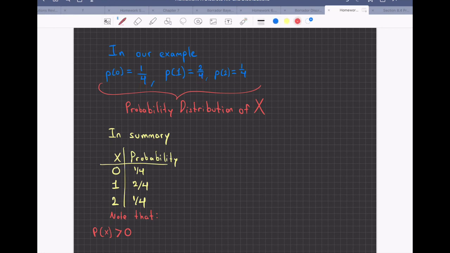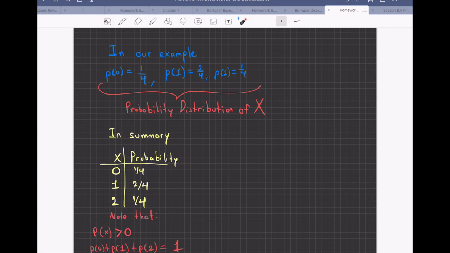And notice that in our example, p of 0 plus p of 1 plus p of 2, this sum is equal to 1. If you add 1/4 plus 2/4 plus 1/4, we have 1.